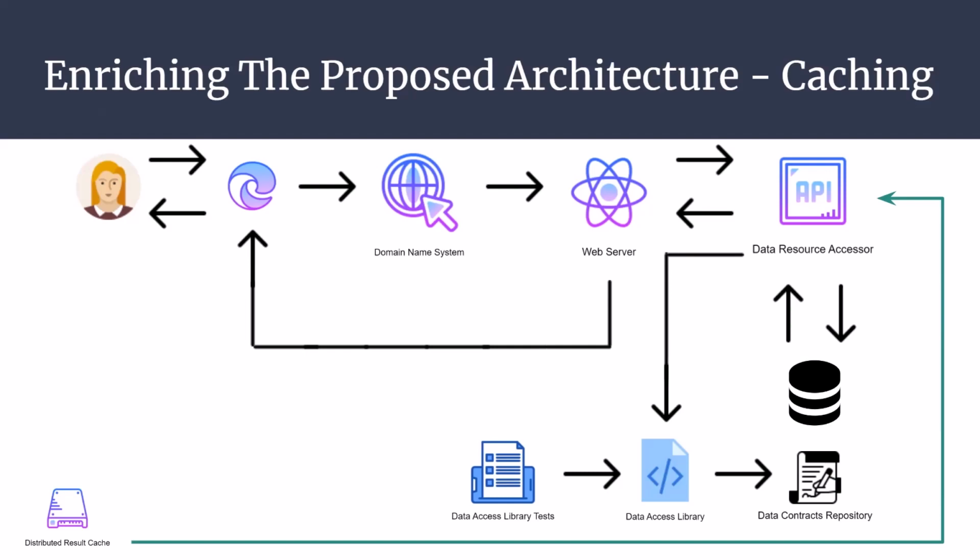By keeping our data resource accessor stateless, which I've mentioned earlier, we can verify that if a certain query result was invalidated in one data resource accessor instance, another data resource accessor will know about it and reach for the database to get the data it needs. This is very important, and I've seen it left out of system architectures many times. Be smarter and use a distributed cache together with cache invalidation.